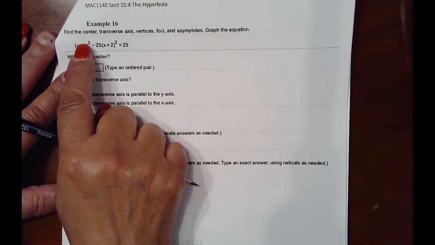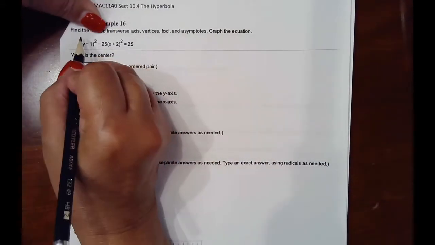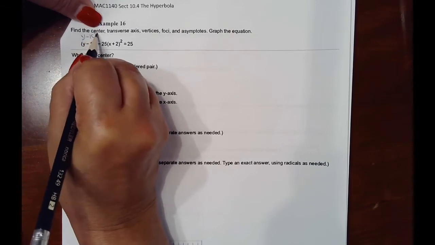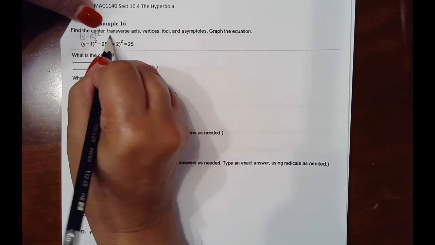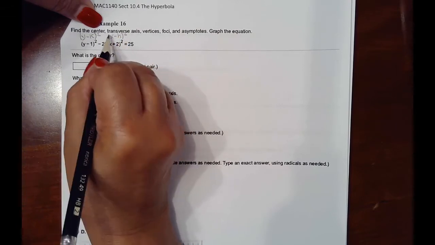Okay, that's your K value. Because remember, K is always found with the Y expression. So this is really Y minus K squared. And this is X minus H squared.